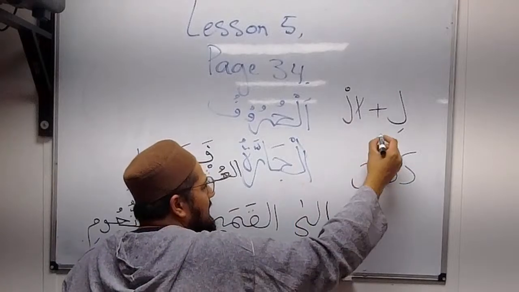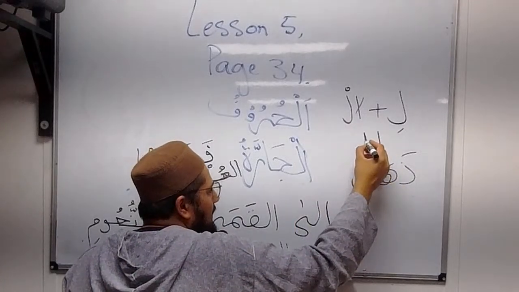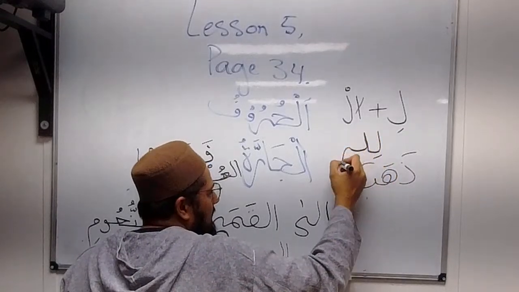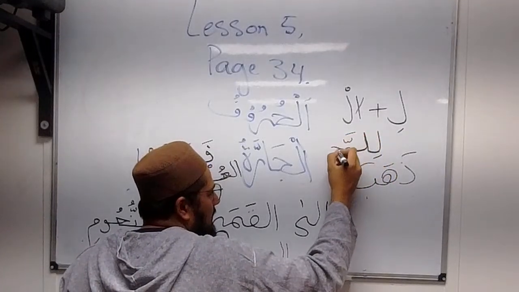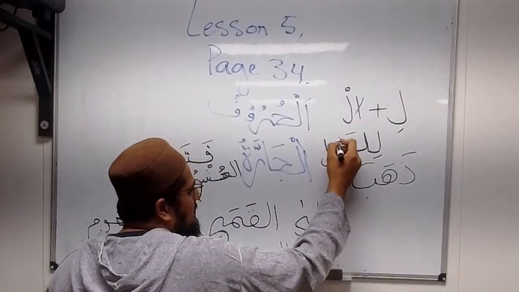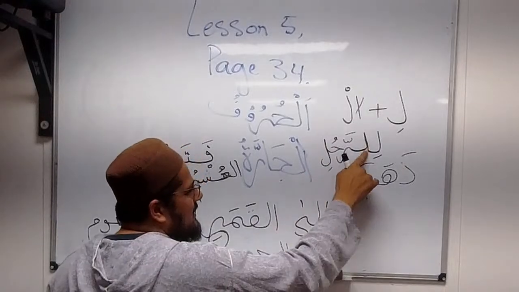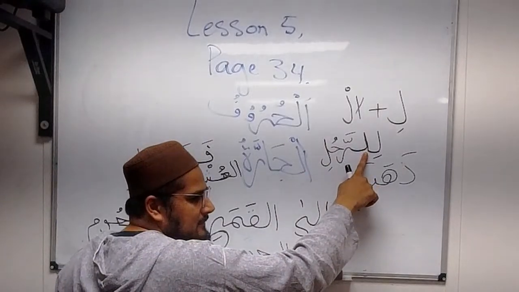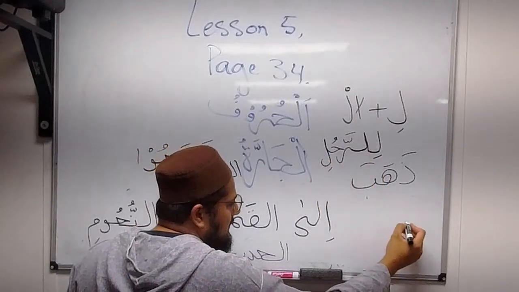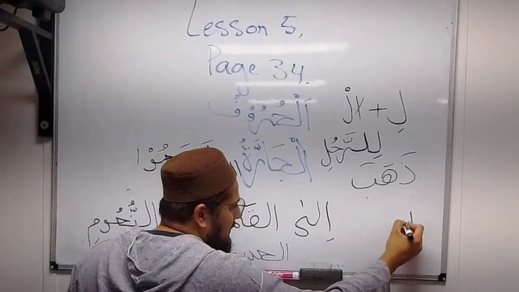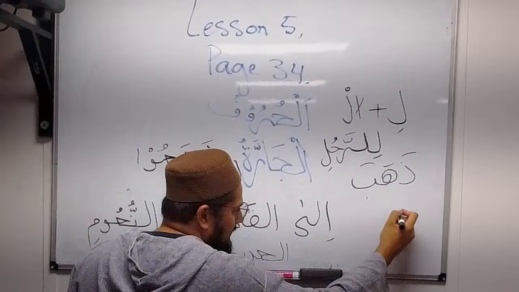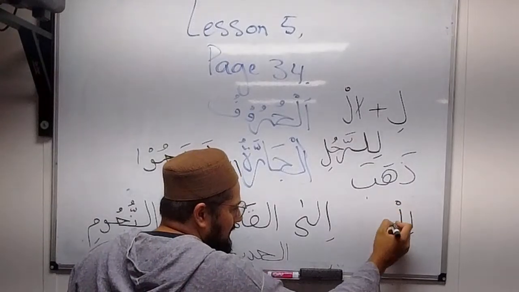So if I say lirrajuli, I would write it like this. That's how it's pronounced, right? We're skipping this lam. Now we're going to say lirrajuli. Similarly, if I said lil ka'bati, how would I write it? Lam, and then another lam.